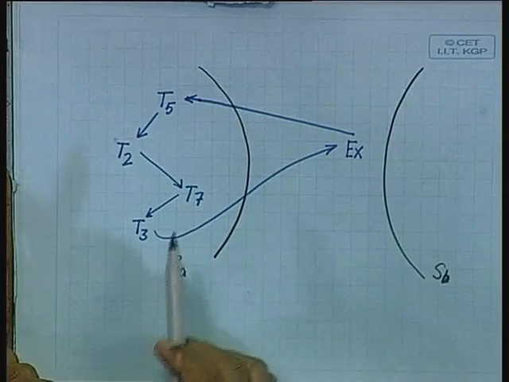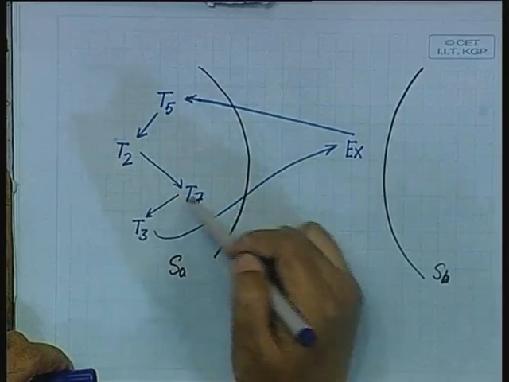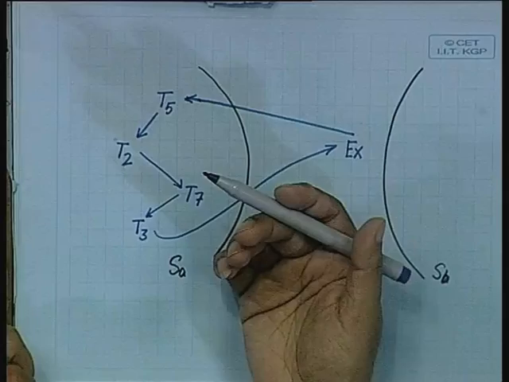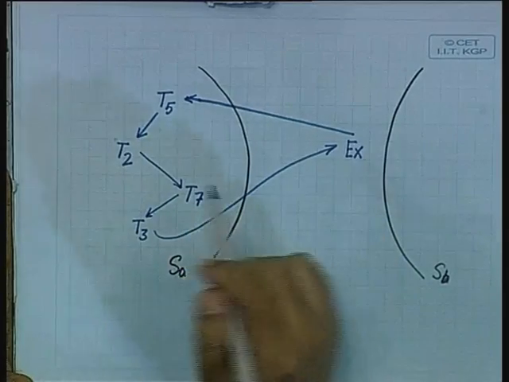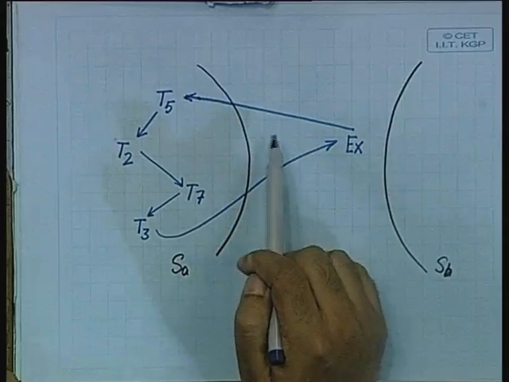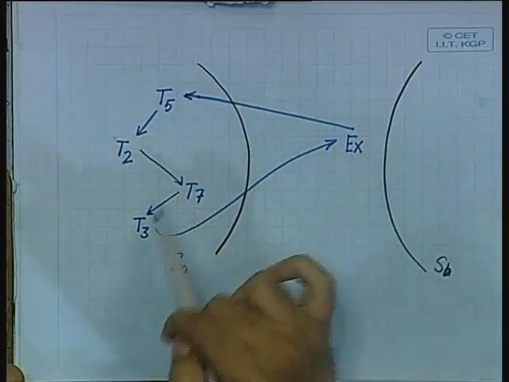Now, there can be two types of cycles. One is a local cycle, but a local cycle is a local deadlock, so it can be handled locally only, we do not need any other information for that. The other possibility is that there is a cycle through Ex.